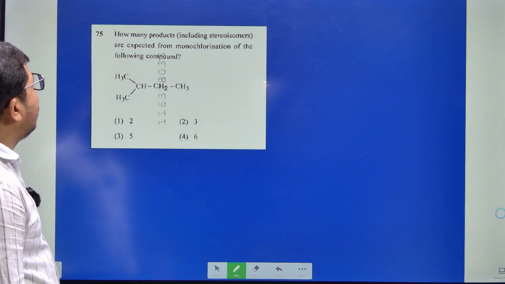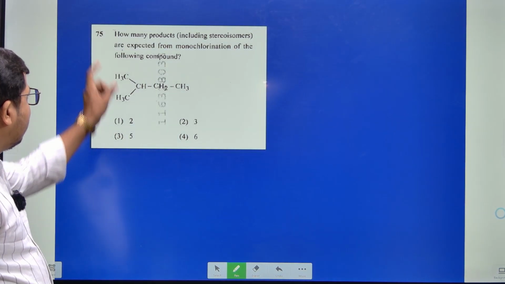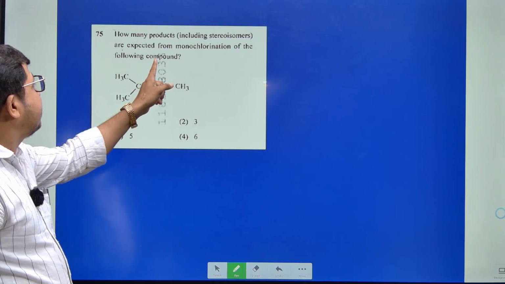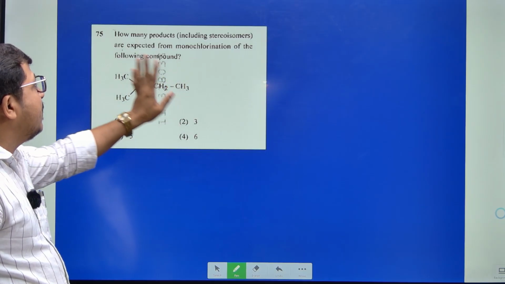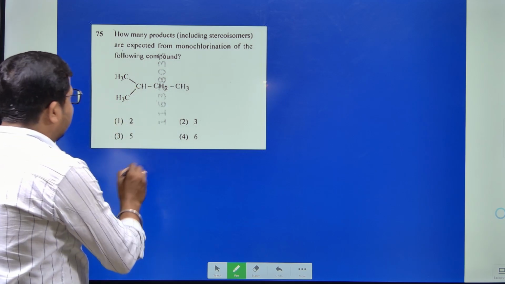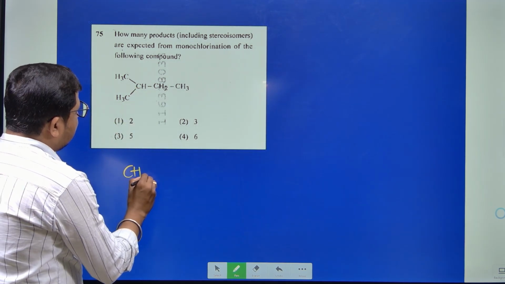Look at here: how many products, including stereoisomers, are expected from the monochlorination of the following compound? Just simply solve this question.